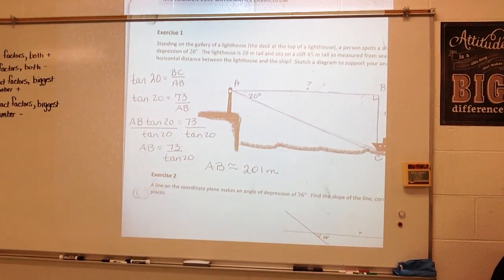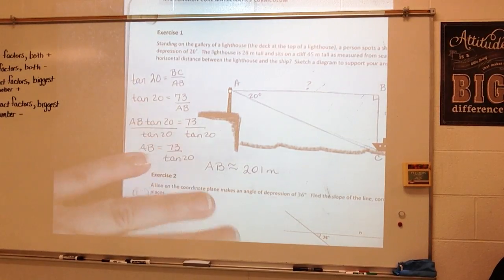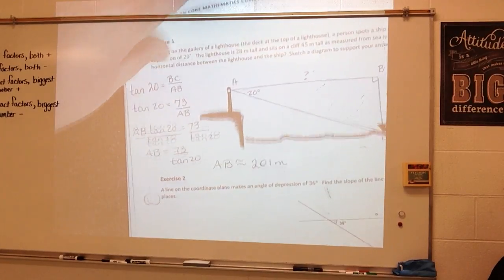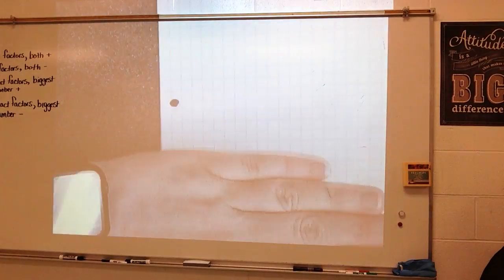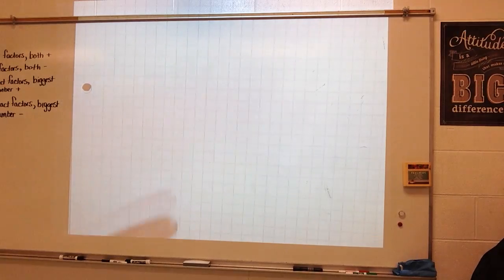All right, let's go ahead and look at example number 2. Let's do a little bit of discussion really quickly, because exercise number 2 deals with a piece of graph. Let's examine the angle of elevation and depression on a coordinate plane.